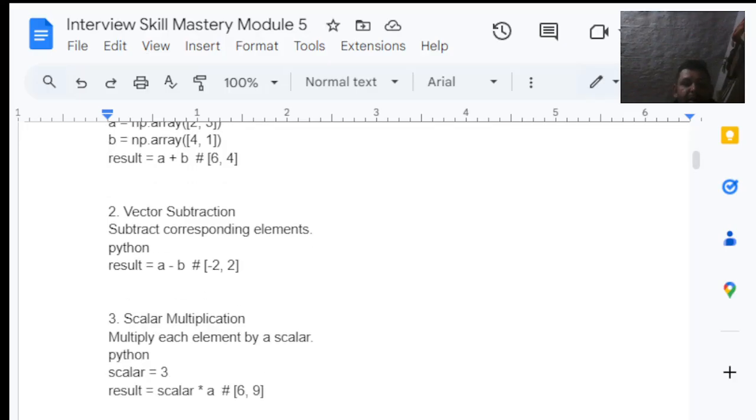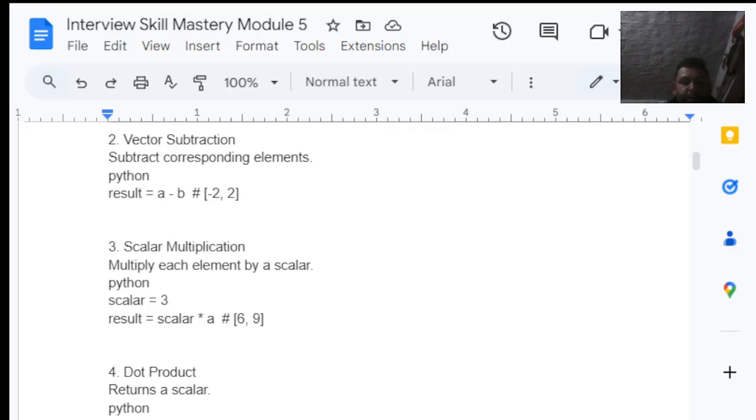For the dot product, returns a scalar. With Python, dot product np.dot a comma b. So it will be 2 into 4 plus 3 into 1. So this is the answer, 11.